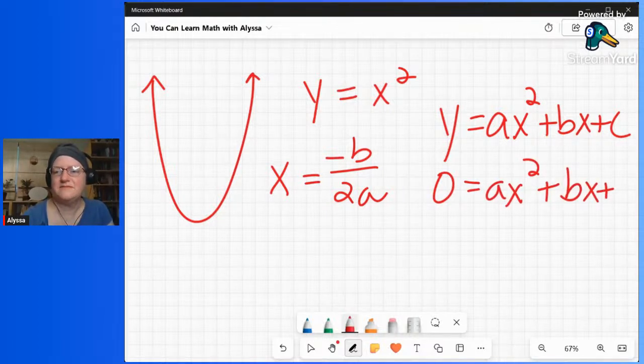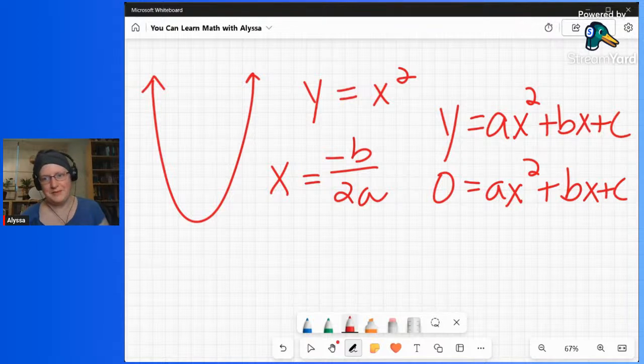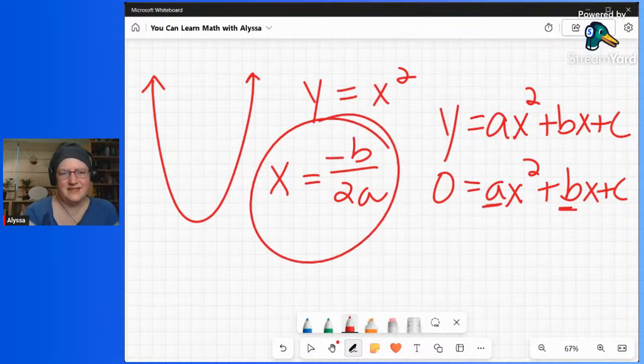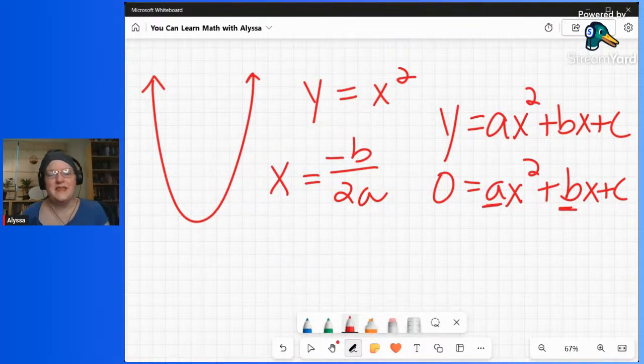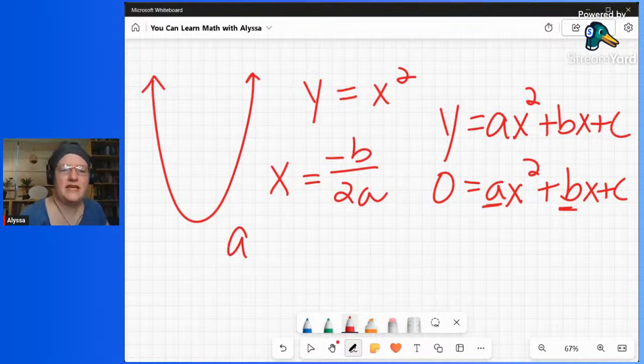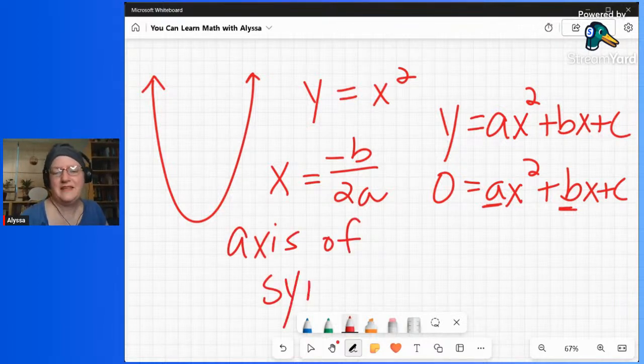Both of these versions are very common. Okay, so it's the coefficient of the x squared. That's our a. The coefficient of the x is our b. So what is this? This x equals negative b over 2a. This is our formula for the axis of symmetry. I don't know why I think it sounds cool. Just the axis of symmetry.